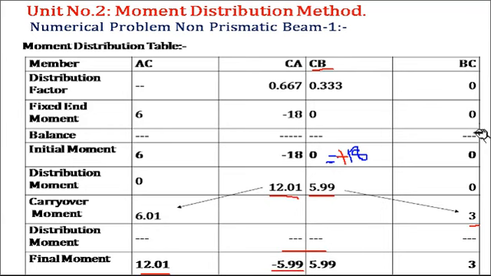And the final moment in member BC will be 3. Now if you observe at joint C, the moment in member CA plus moment in member CB, if we add it, this value is equal to 0. That means joint C will be in equilibrium.